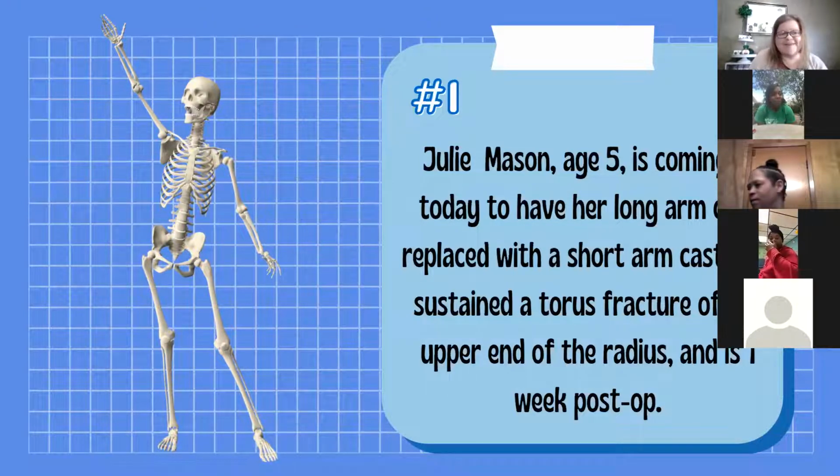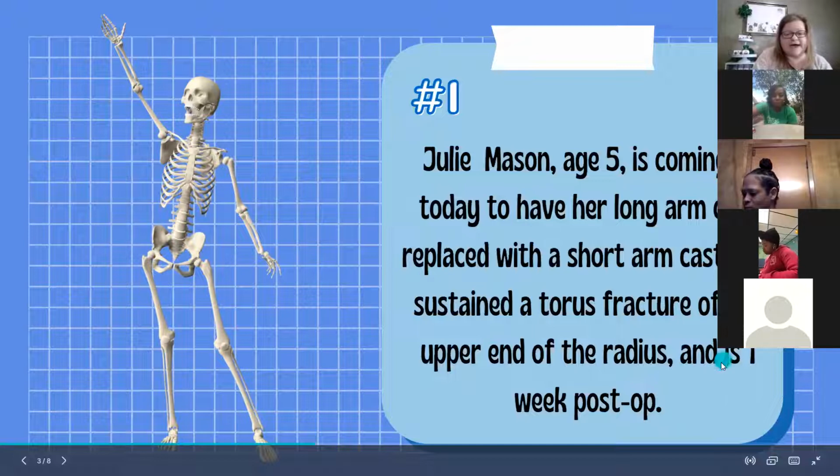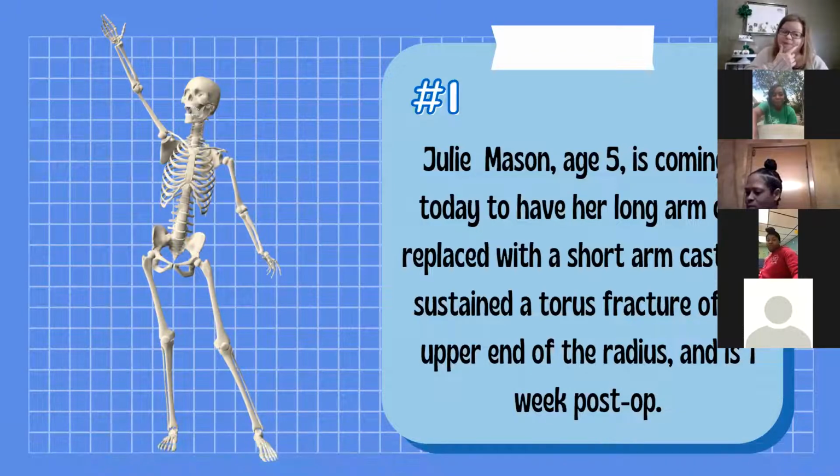Close. It does take a modifier, and I'll tell y'all why. It gives us one little clue, this last sentence, and is 1 week post-op. What does that mean? She's in that post-operative period, probably for a fracture at least 30 days.